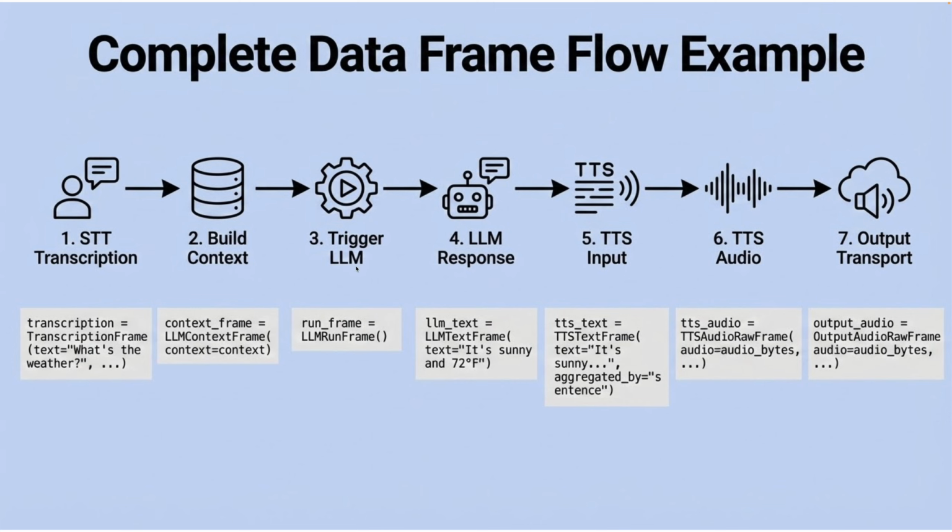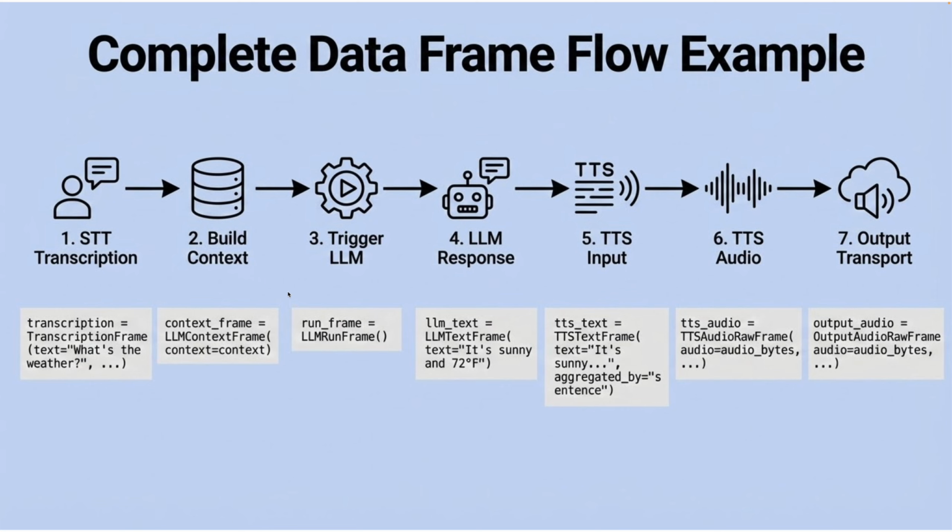Then it triggers the LLM, the LLM responds, then we have TTS input, TTS output, then output to the transport. The frames involved are transcription frame, LLM context frame, LLM run frame, LLM text frame, TTS text frame, then TTS audio raw frame, and then output audio raw frame. In between there are multiple other frames involved, but this is what the general flow looks like.